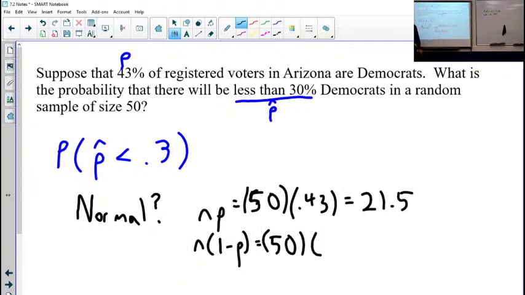That leaves what percentage to not be Democrats? 0.57. Someone double check me on those.